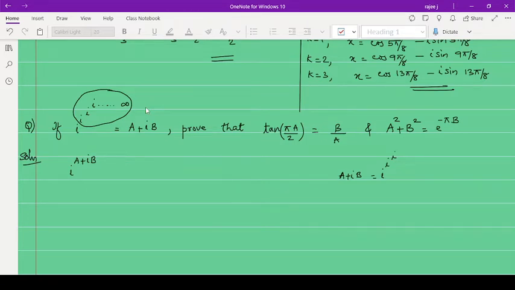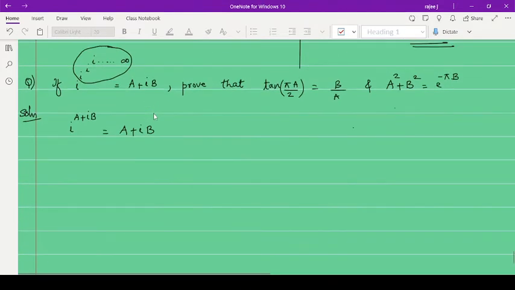So I raised to that part, we are writing it as a plus ib is equal to right side also a plus ib. We need to prove that tan pi a by 2 equal to b by a and this one. So here now I is equal to, we know it is cos 90 plus I sin 90.